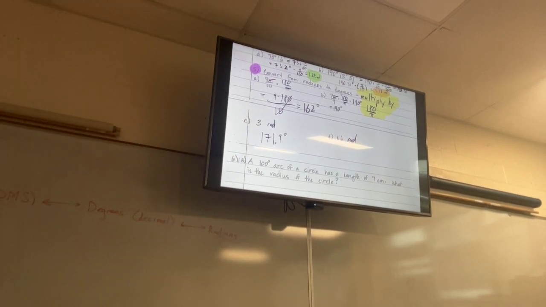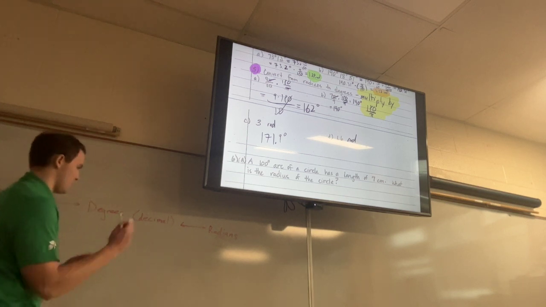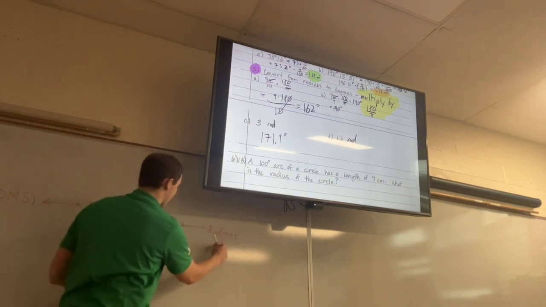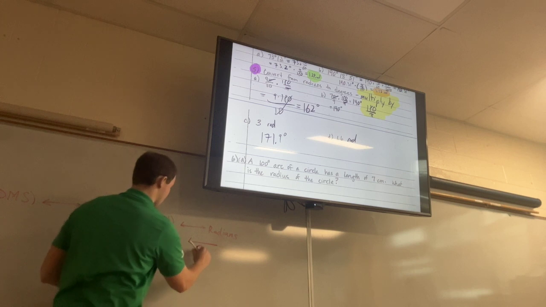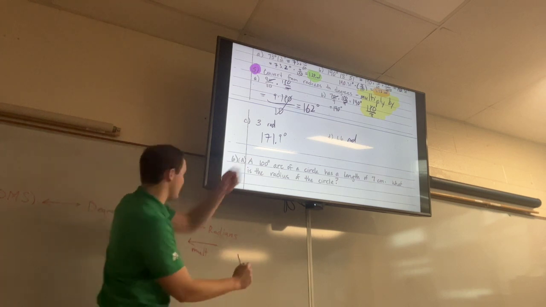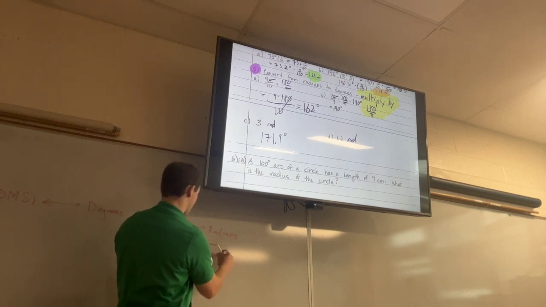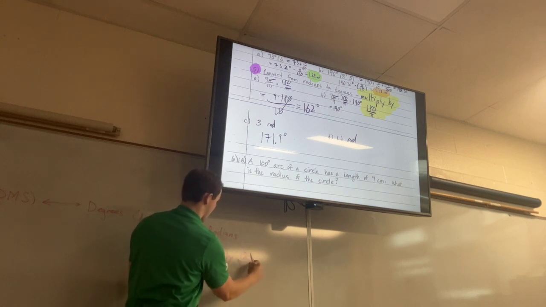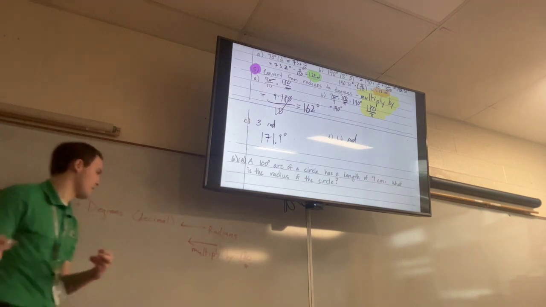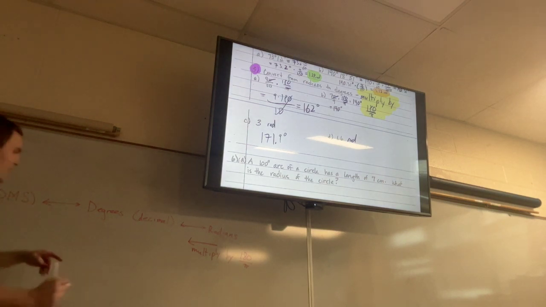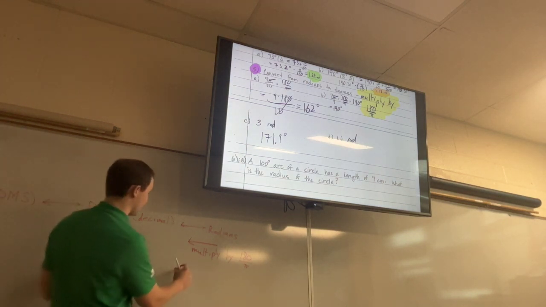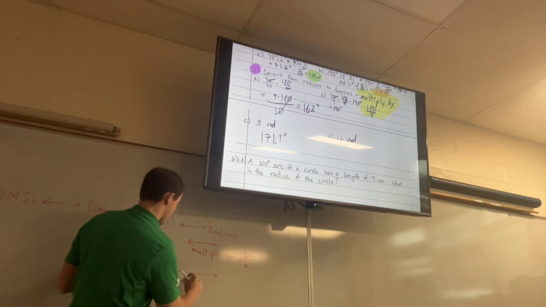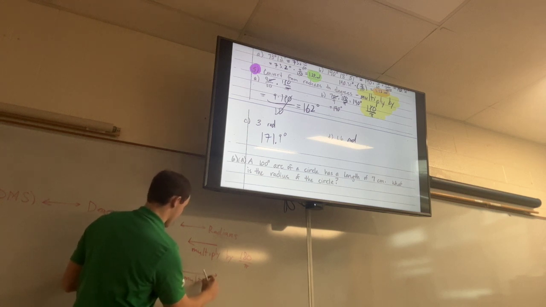So this is to convert from radians to degrees. You just take the number they give you, multiply by 180 over pi. We went over this yesterday. And then to go the opposite way, from degrees to radians, you multiply by pi over 180.